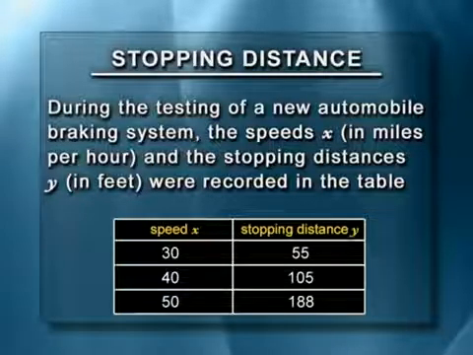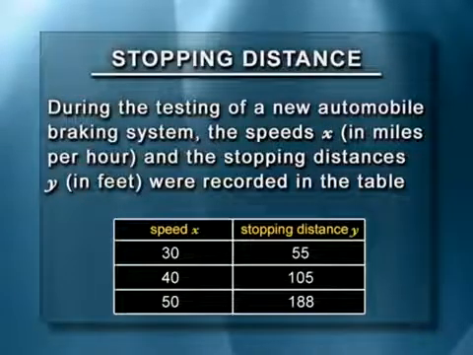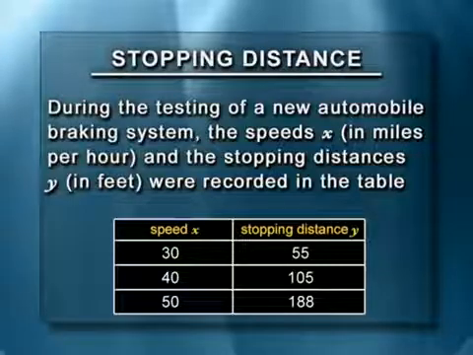So basically, you run some experiments and you time people as they try to stop the car at various speeds. Now, again, this is pretty simple, but in real life, you would have maybe 1,000 pieces of data here. You would have all kinds of data. How could you get a handle on this data? Well, here's one way. We could fit a parabola to this data, and we've done fitting of parabolas before.